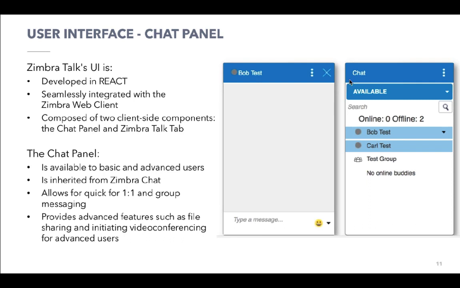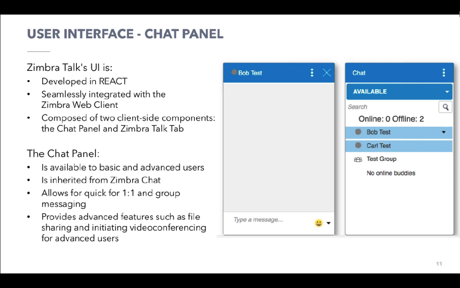This is how the UI looks, the Zimbra chat panel. It is developed on React and seamlessly integrates with the Zimbra webmail client. People can chat in the panel. If you want to chat with a user, you can just double click on the user and start chatting with that user.